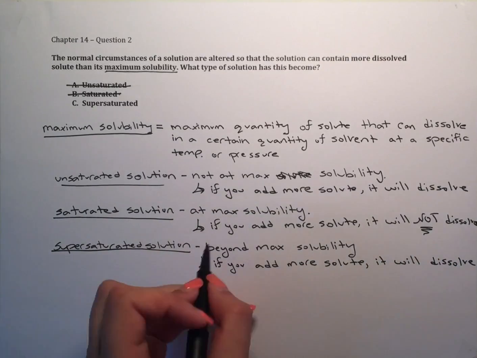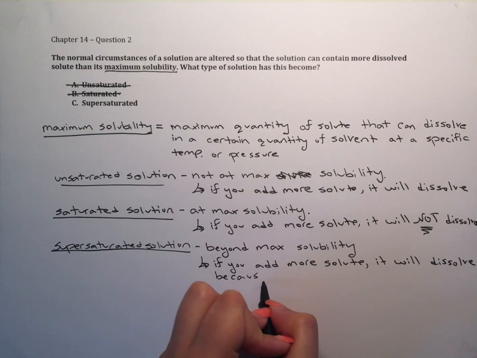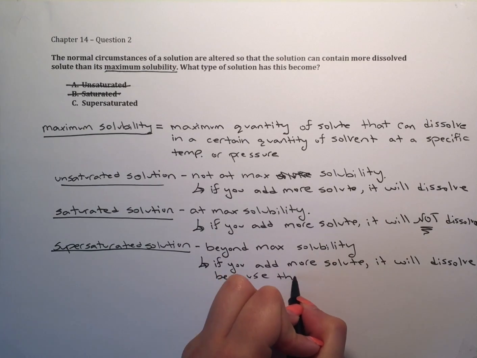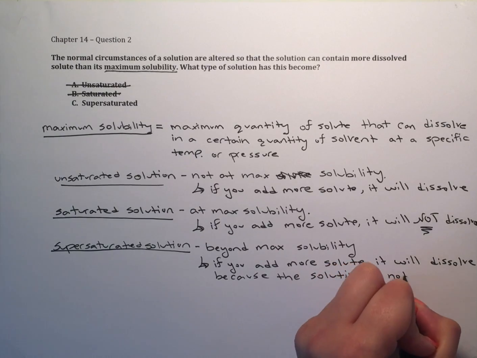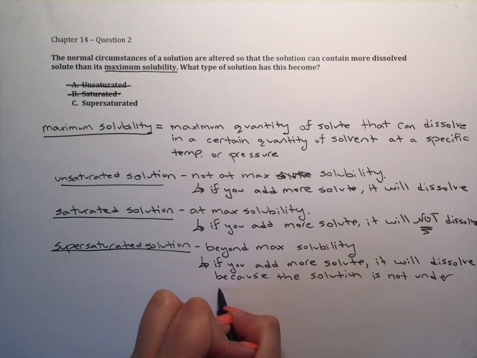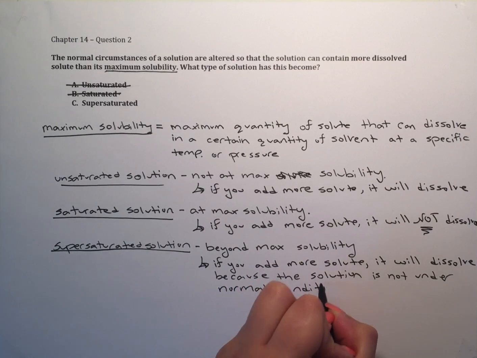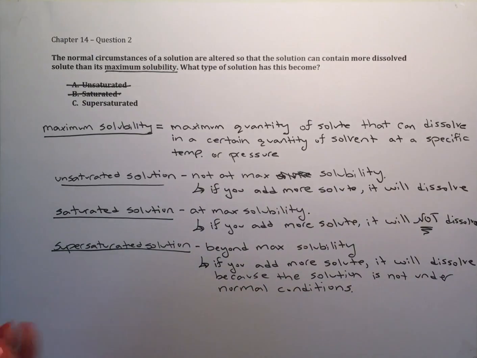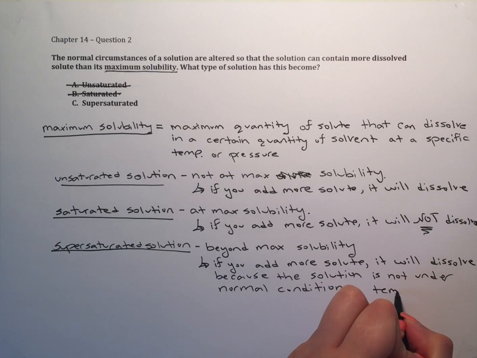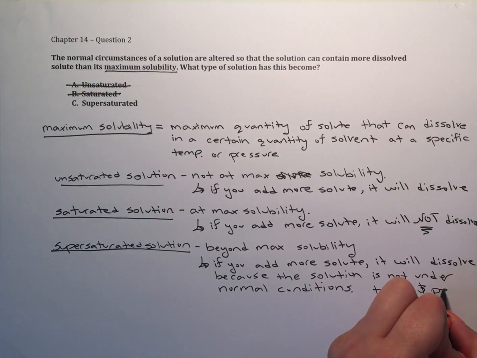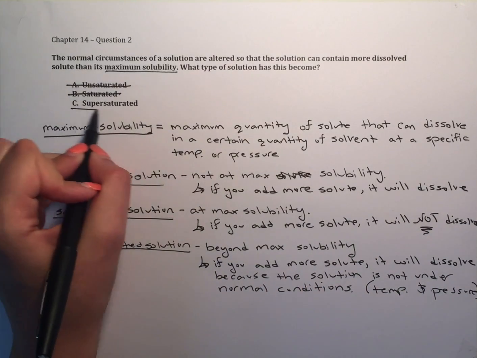And we'll say it's because the solution is not under normal conditions. And just to clarify, normal conditions are typically temperature and pressure. So we'll just put that in parentheses just so that it's clear. Meaning that the answer to our question is C, supersaturated.